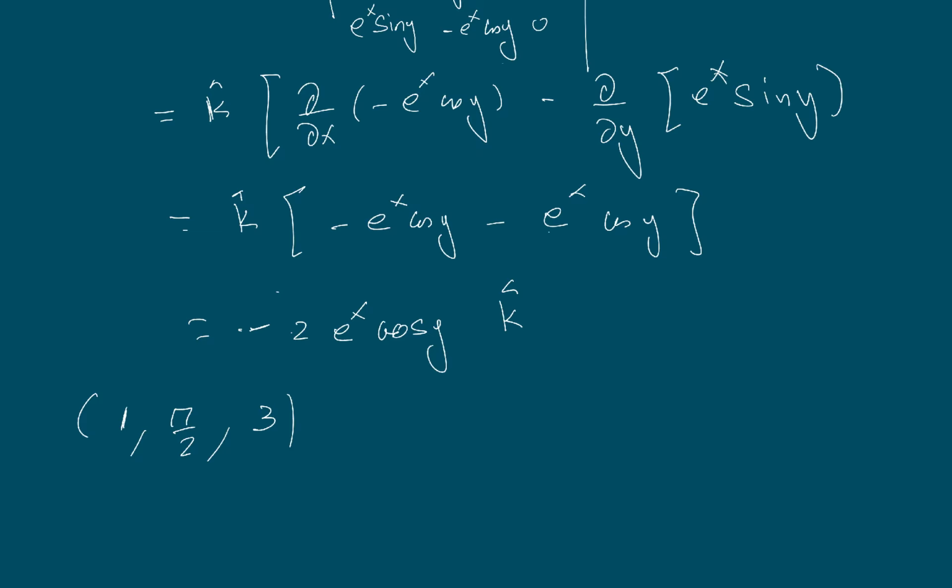So at this point, the curl of f, the tendency to rotate, is minus 2 times e to the x cosine of pi divided by 2, but cosine of pi divided by 2 is 0, so the tendency to rotate is 0. It means that the curl of f is 0. There is no tendency to rotate.